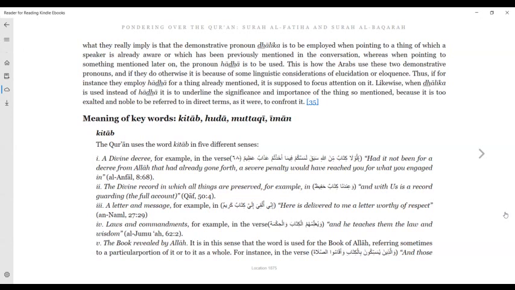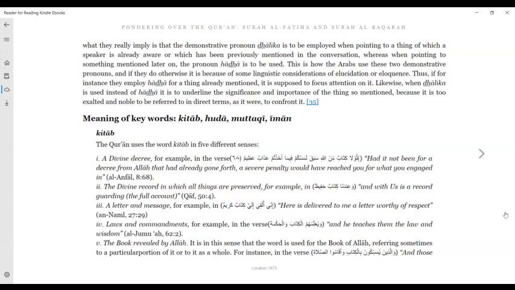Number 4, laws and commandments. For example, in the verse, وَيُعَلِّمُهُمُ الْكِتَابَ وَالْحِكْمَةِ, and he teaches them the law and wisdom. Surah Al-Jumu'ah, chapter 62, verse 2. Number 5, the book revealed by Allah.